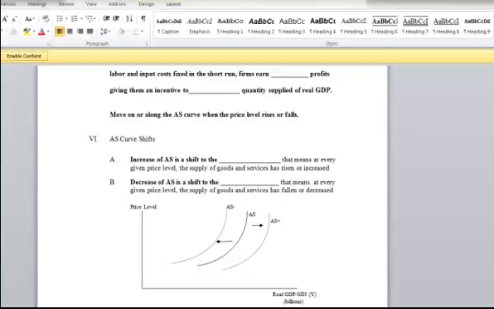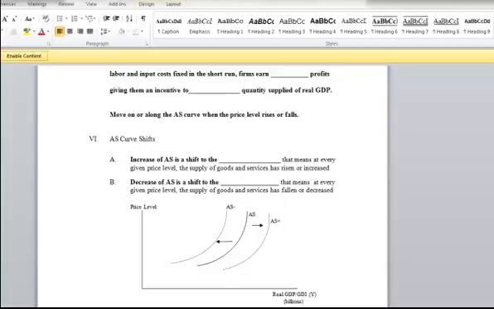So think about it. This is regarding the production of output. What would cause businesses or business owners to be more willing to supply, regardless of price? And the one thing that I hope you think of is cost of doing business. So the primary cause of a shifting short-run aggregate supply curve, that's the upward sloping curve, is a change in the cost of doing business.